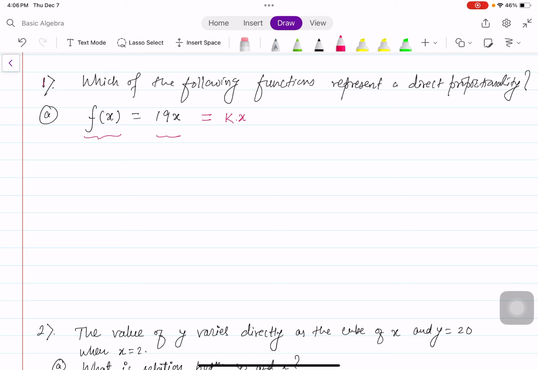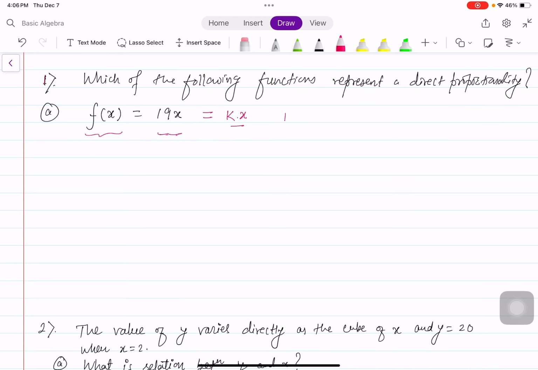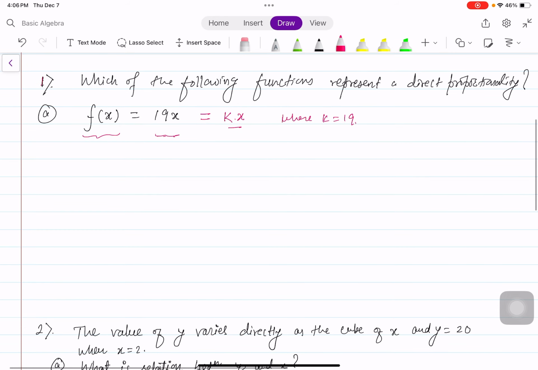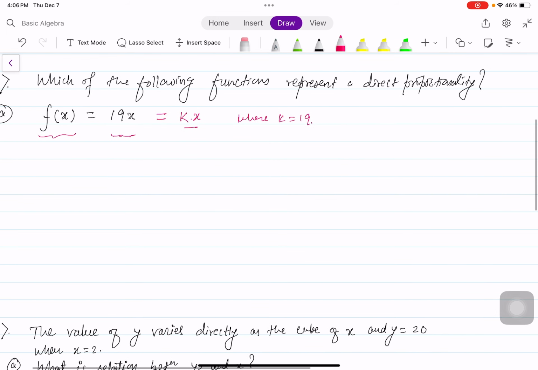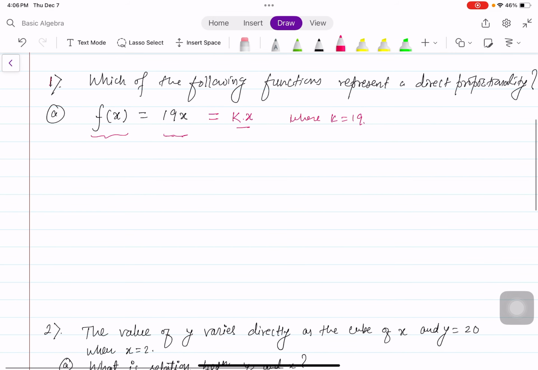If you compare, can we write this right hand side in this form? Yes, we can, where k is 19. So what does this mean? Yes, f of x is directly proportional to x, where this k is called the constant of proportionality.